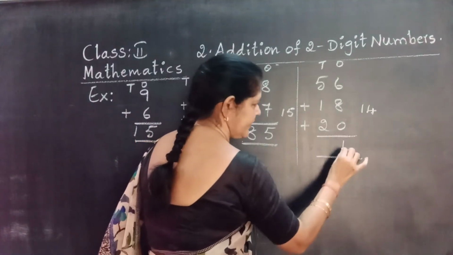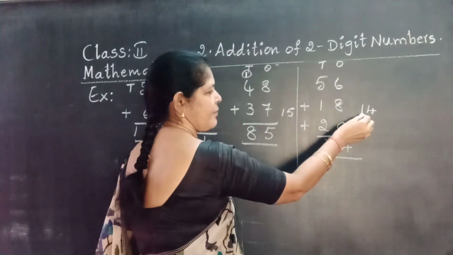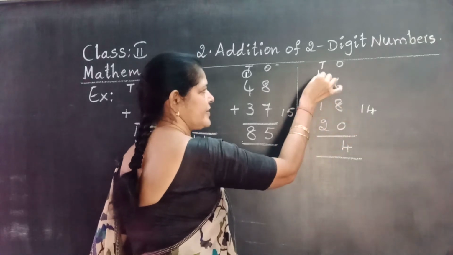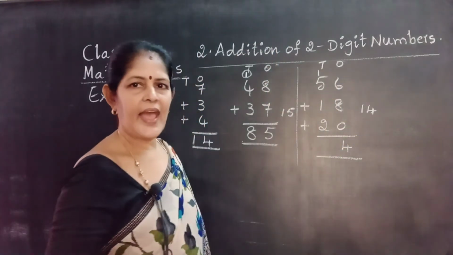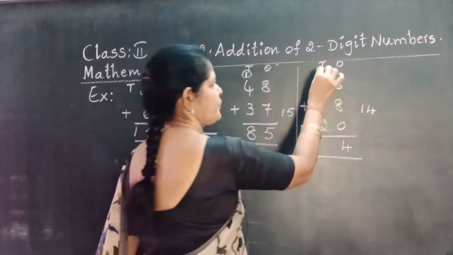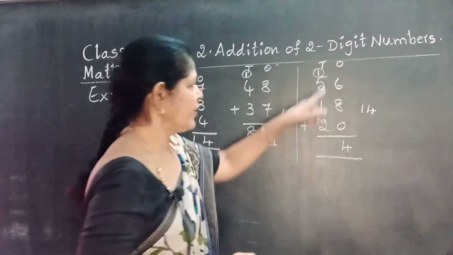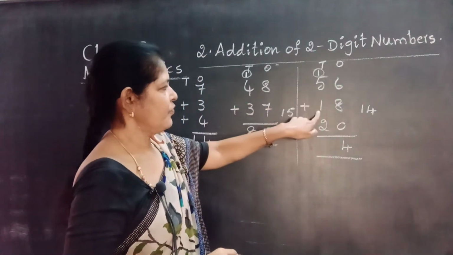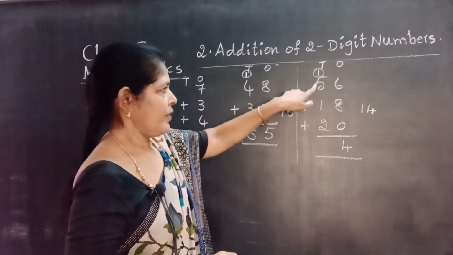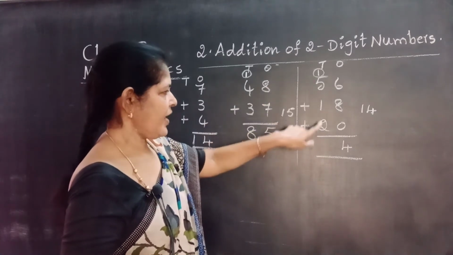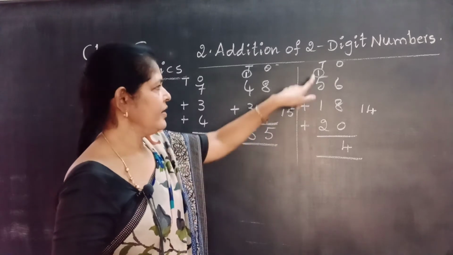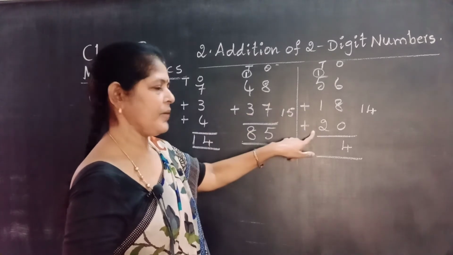The ones number is written in the ones place. The tens number is carried forward to the tens place. Put a small circle. Now we have 1, 5, 1, 2 as the numbers. 1 plus 5 plus 1 plus 2.